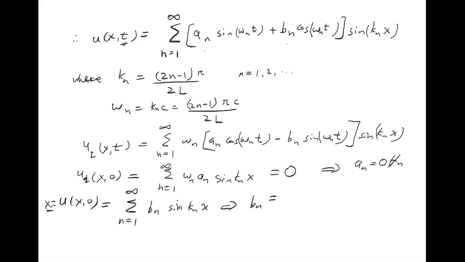So you multiply both sides by sine km x, and then take the, you see this. So I have this precisely. Okay, so far so good.